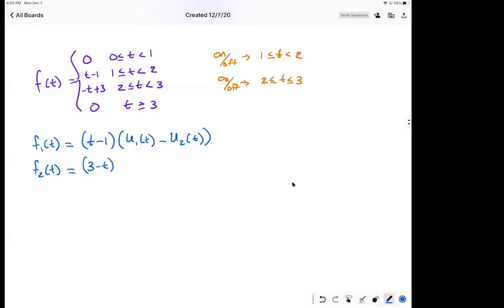So I just switched those around from minus t plus 3 to 3 minus t. And that's going to be from u sub 2 of t to u sub 3 of t. And then my f of t will be adding those two together. So f1 of t plus f2 of t.